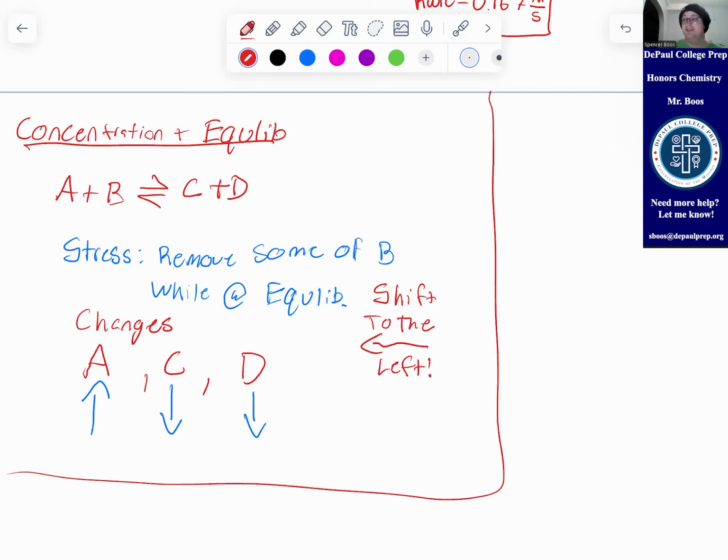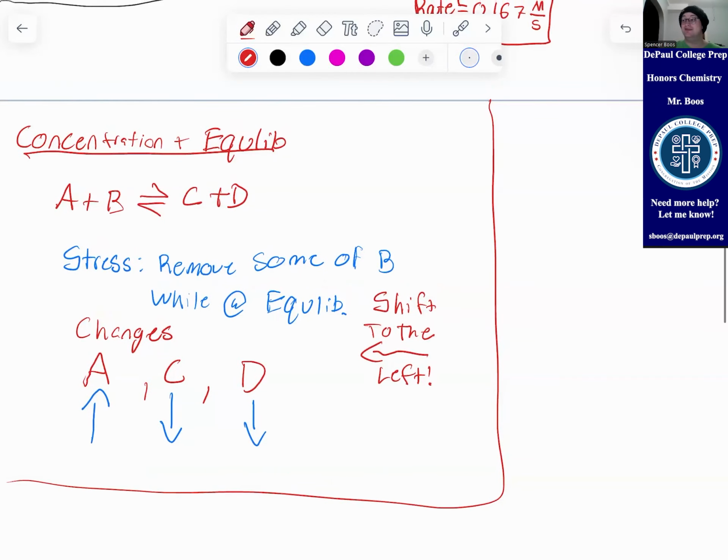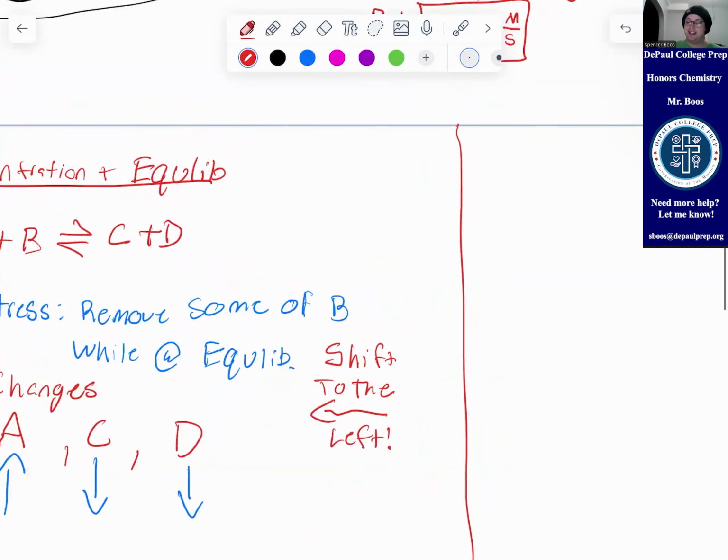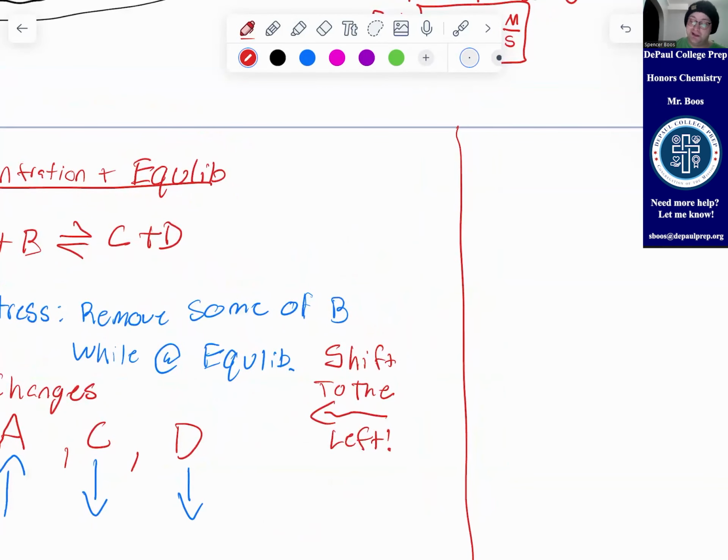What would an example of an equilibrium question be on the exam? I can give you somewhat of a question. Let's say you've got H2 plus O2 in equilibrium with H2O.